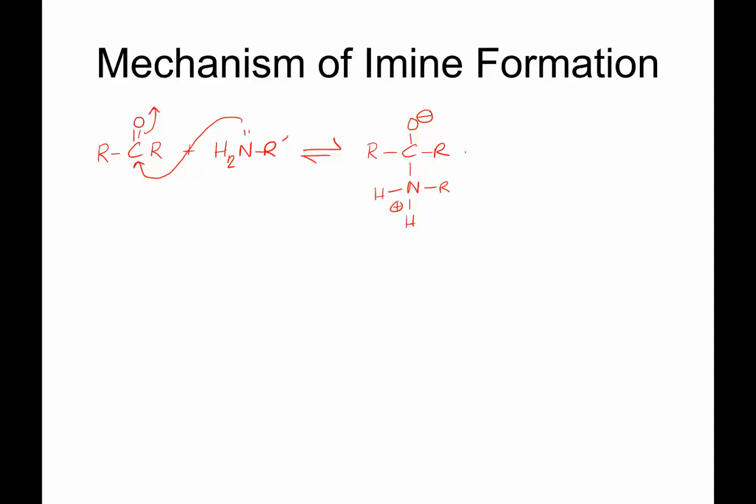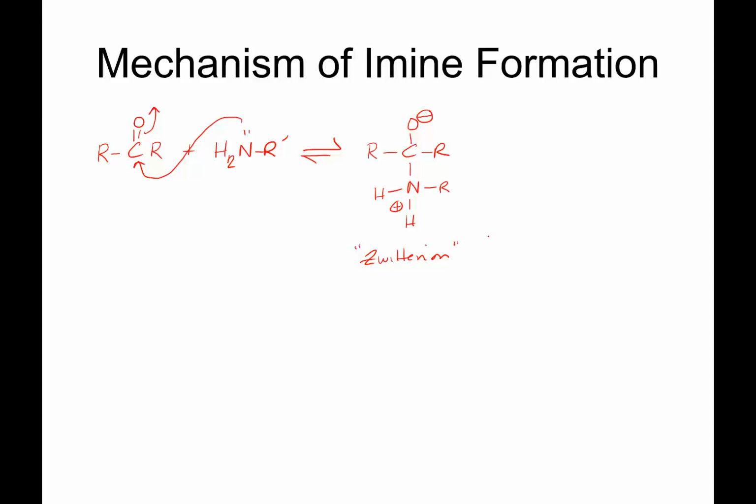So I end up with this species that has both a positive and a negative charge. I'm not sure if the term Zwitterion is still in vogue, but that's a term that we can use for something that has a negative and a positive charge in it.